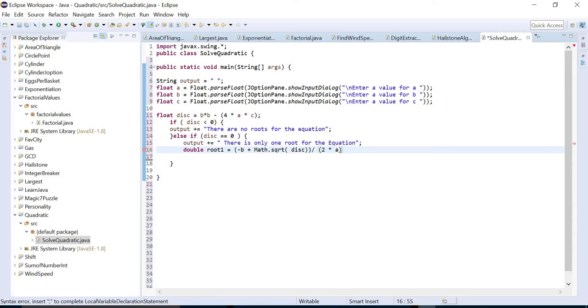See how I had to be specific with the parentheses, guys? So negative b plus Math.sqrt of discriminant divided by 2 times a, okay?